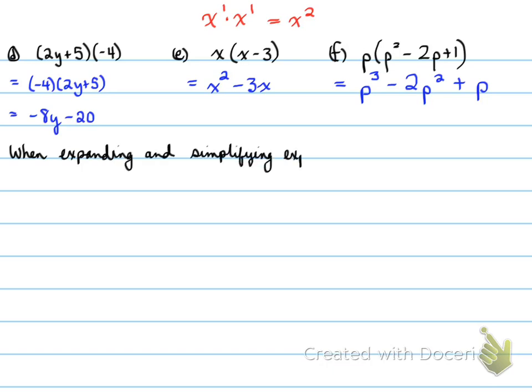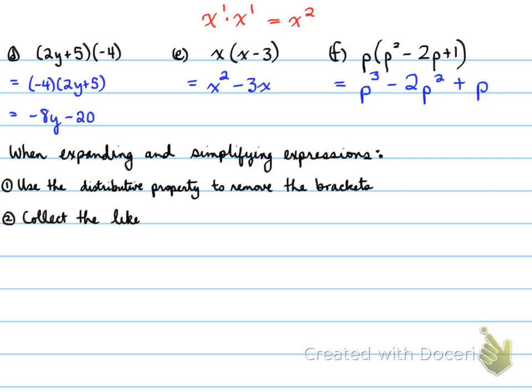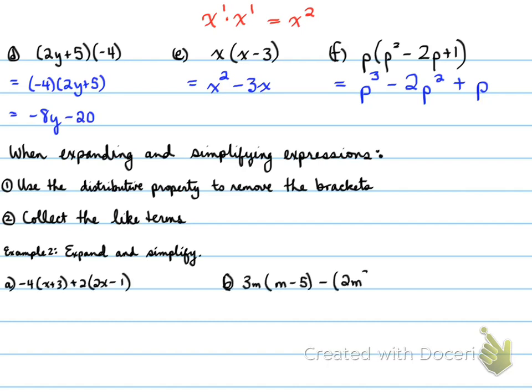Now, when expanding and simplifying expressions, you must use the distributive property to remove the brackets, collect the like terms, and here's an example, expand and simplify. So here's a bunch of different multiplication values, and we need to expand and simplify each one of these examples. So let's do that.